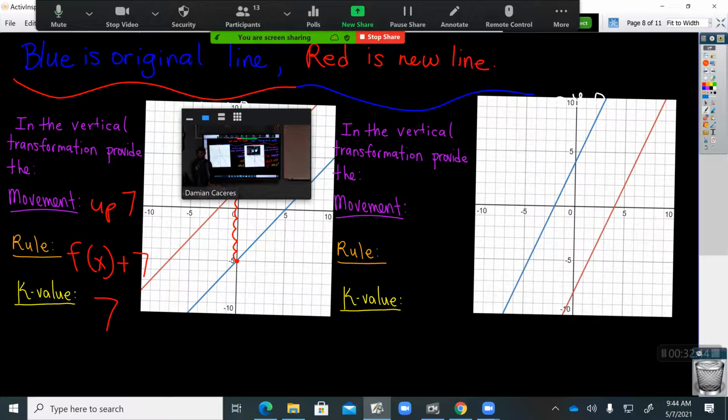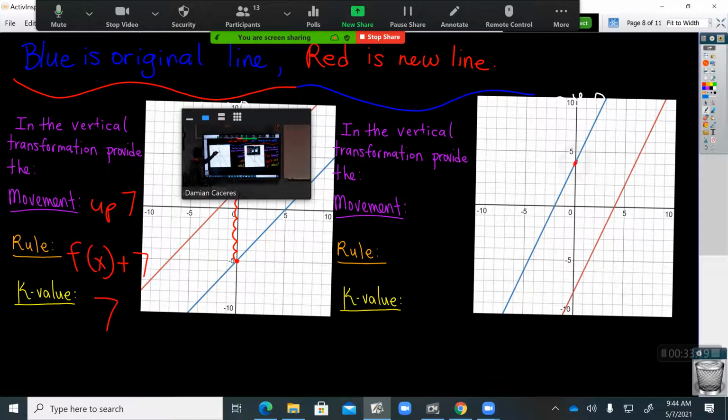On the next example, in the vertical transformation, provide the movement.